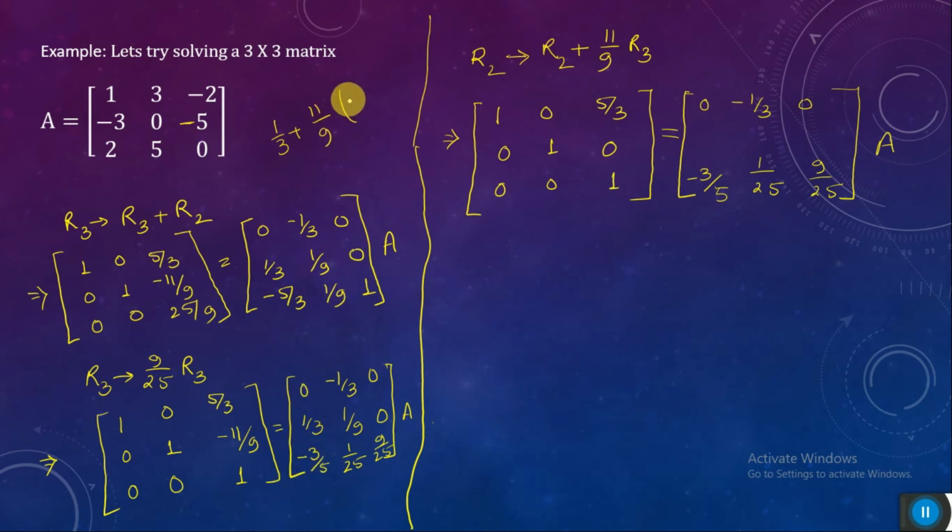Now row 3 is minus 3 by 5. So now you can see this and this can be cancelled 3 times. So what will you get? 1 by 3 from here, 1 by 3 minus 11 by 15. So what is your LCM?